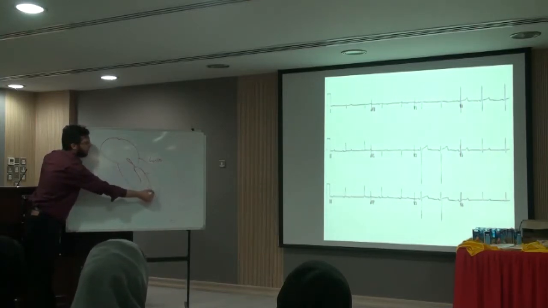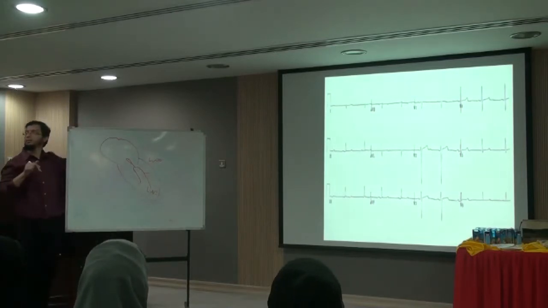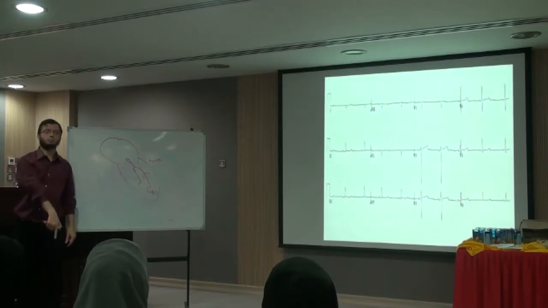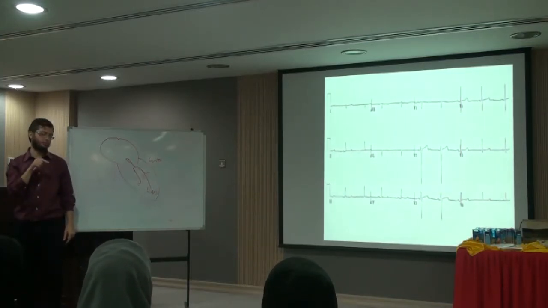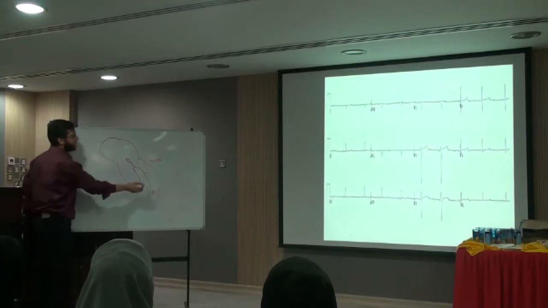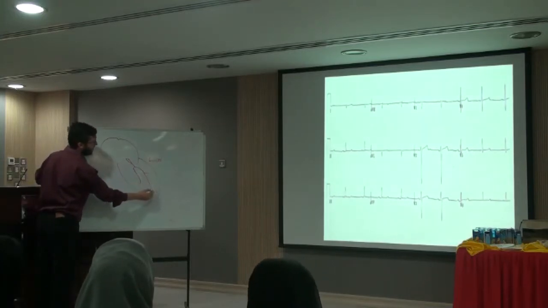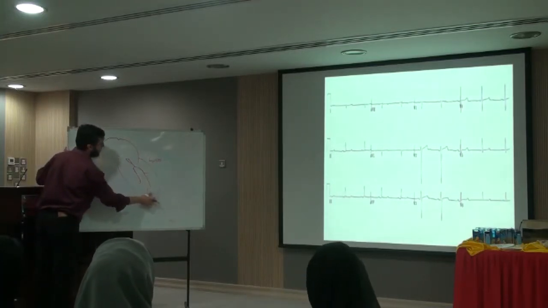This is how I remember it. The LAD, the left anterior descending artery, goes towards the apex, but the left anterior fascicle doesn't go in the same direction as the LAD, it goes in the other direction. Anyway, this is the left posterior fascicle.